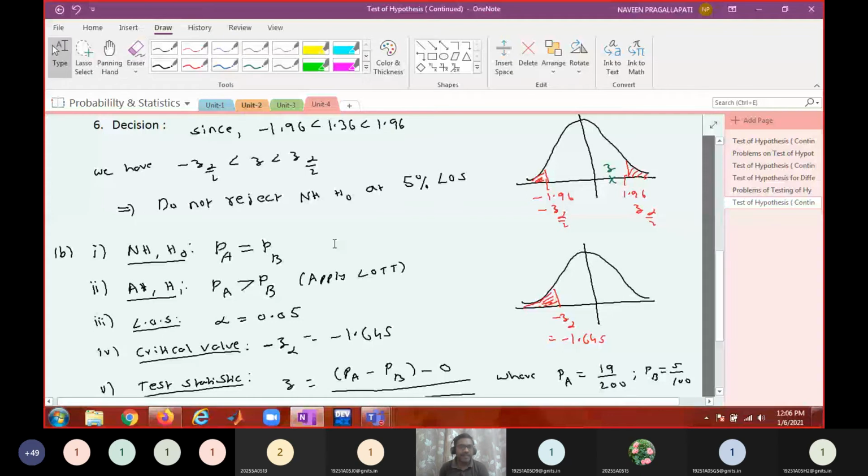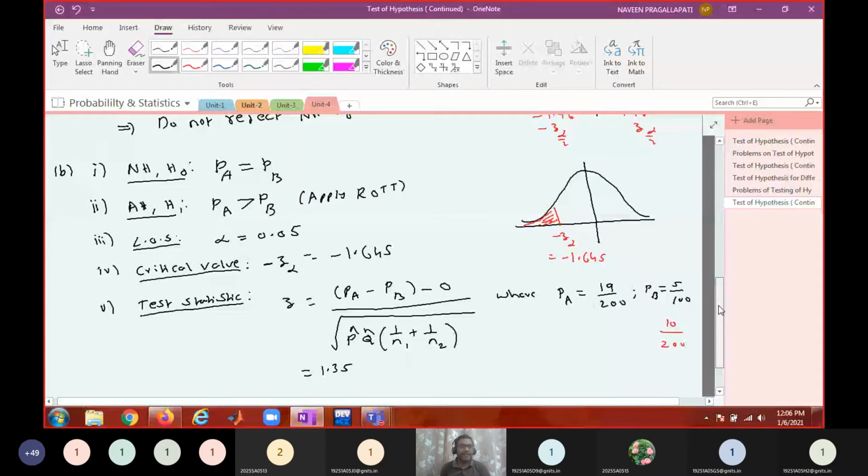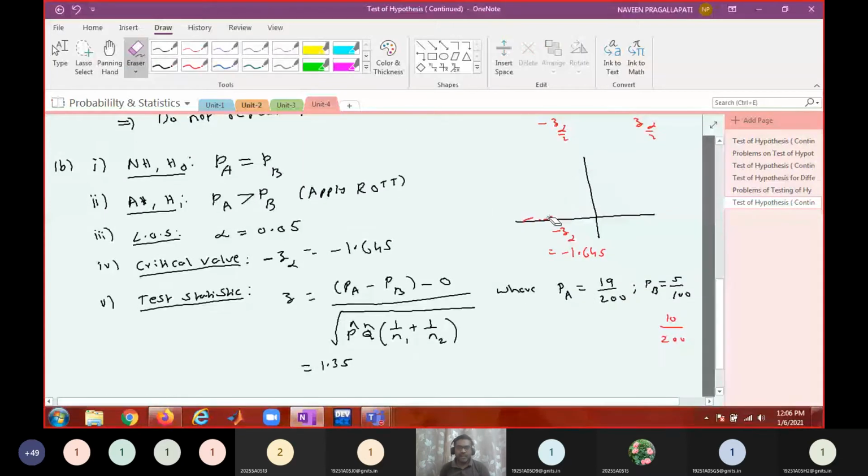This is called a right one tail test. Am I clear now? Yes, sir. I think we did a similar kind of discussion earlier also in some class in some distribution. So when it is a right one tail test, it has to be plus Z alpha.